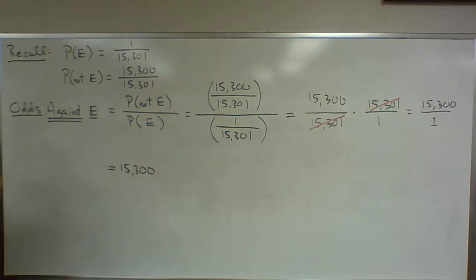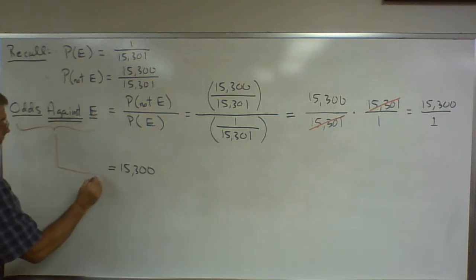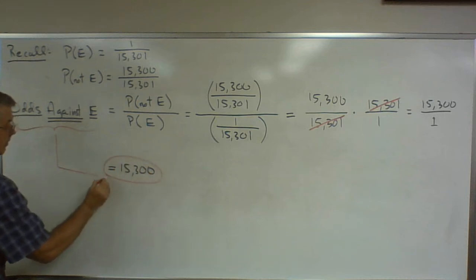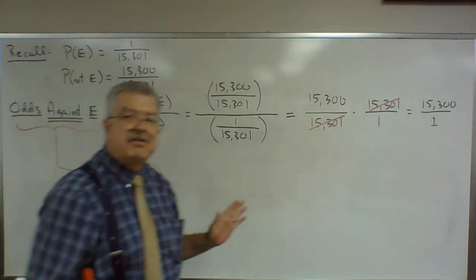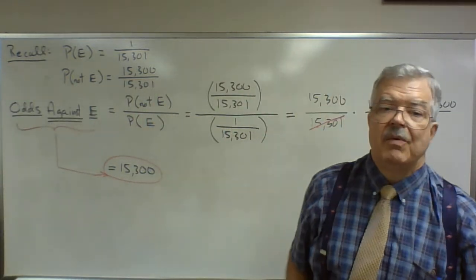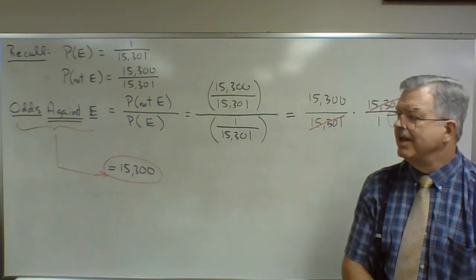The odds against E, the odds against being struck by lightning, 15,300. That's how they came up with those statistics.